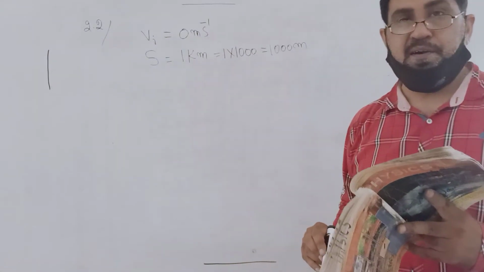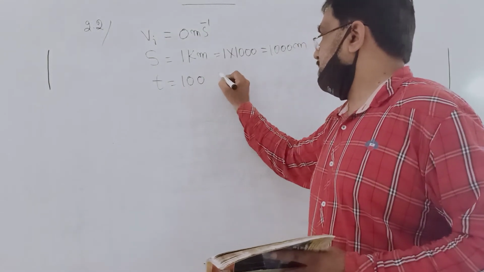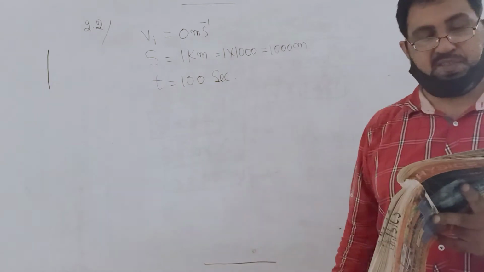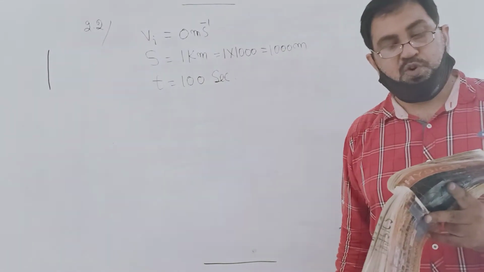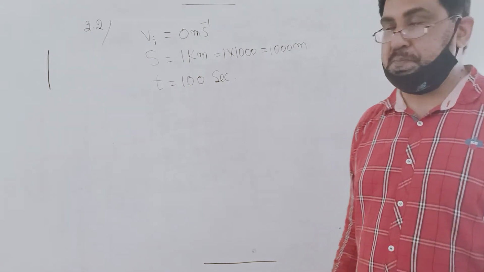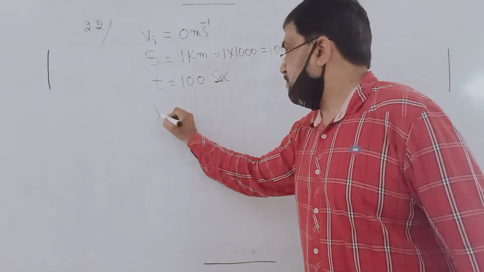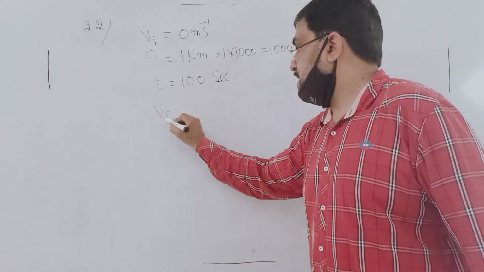In 100 seconds, time is equal to 100 seconds. With uniform acceleration, what will be its speed? Initial velocity is 0, so we have to find final velocity.